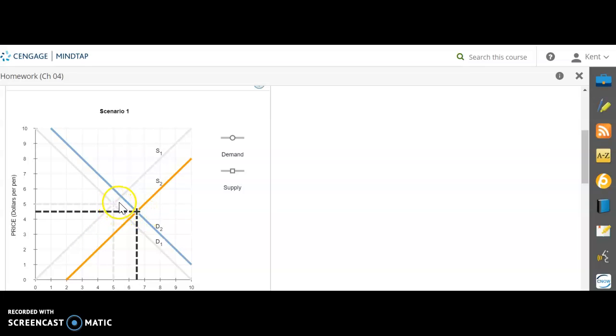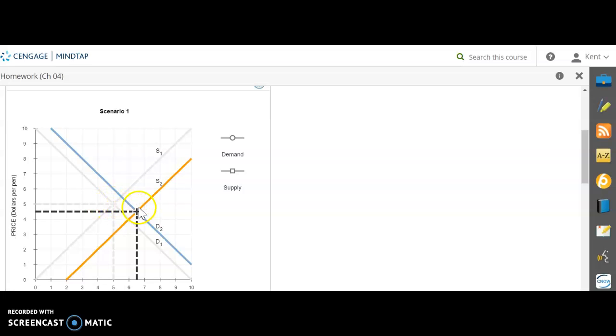Now, when demand shifts out to the right by itself, that increases the equilibrium price. When supply shifts to the right, that will decrease the equilibrium price. So we've got the demand shift, which would increase, and the supply shift, which would decrease the equilibrium price, going on at the same time. So we've got opposite effects.